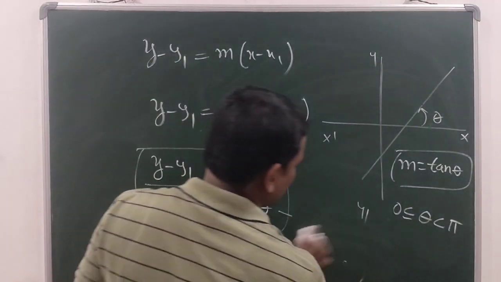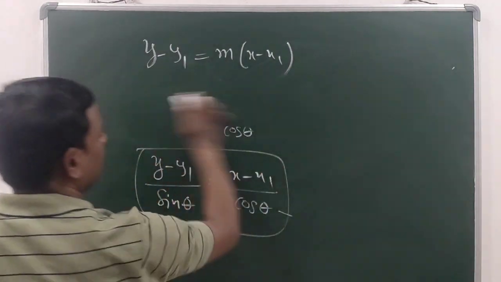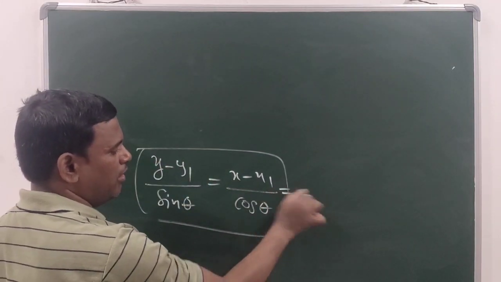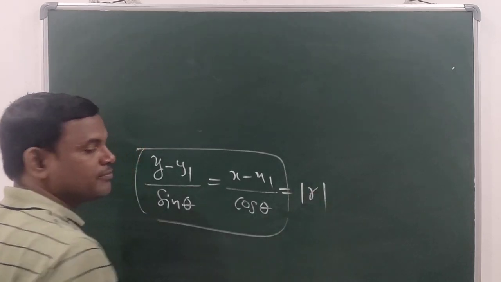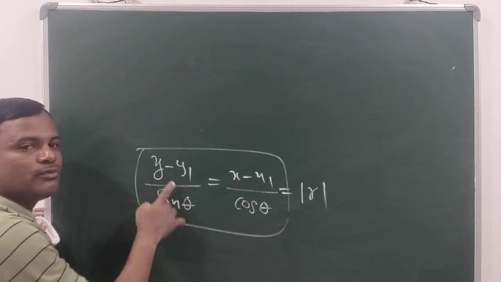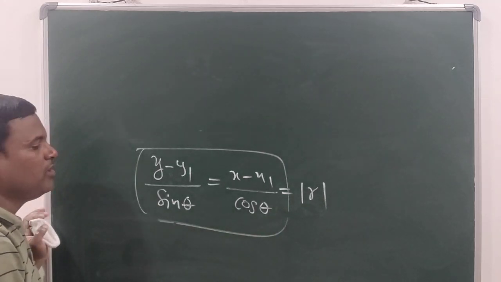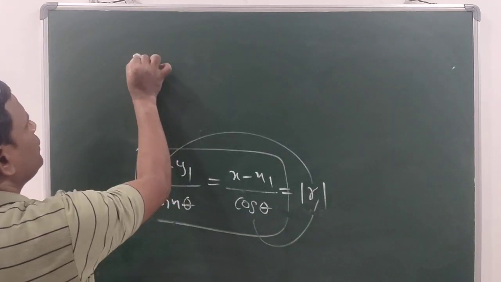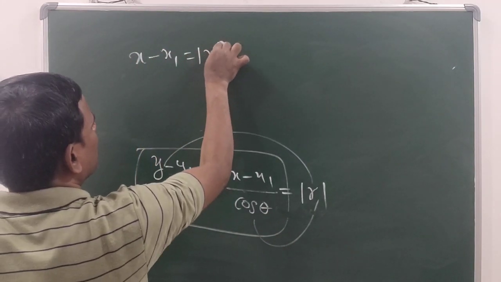Next, let us go to the parametric form of a line equation. In this symmetric form, consider this ratio as mod r. Either it may be positive or negative, so I wrote mod r. Now equate these two. On equating, you will get x minus x1 is equal to mod r cos theta.